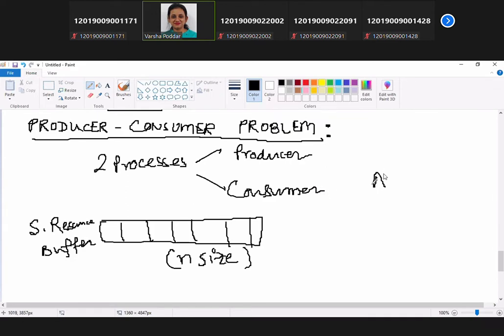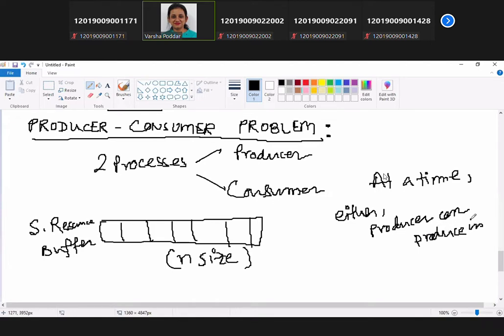So at a time, either the producer can produce in the buffer, whatever the producer will produce will be added in the buffer, right? Or the consumer consumes from the buffer.